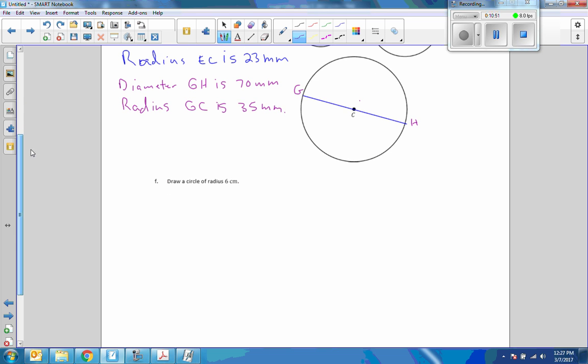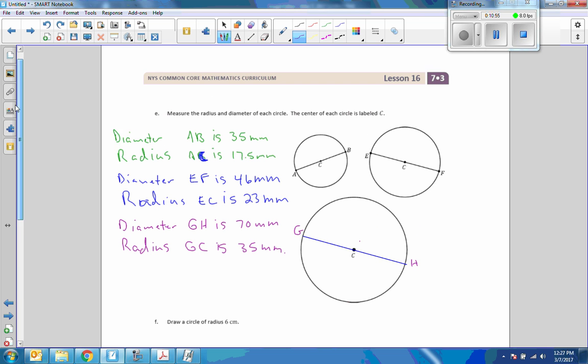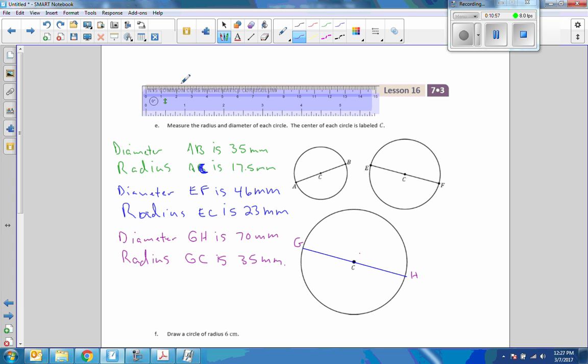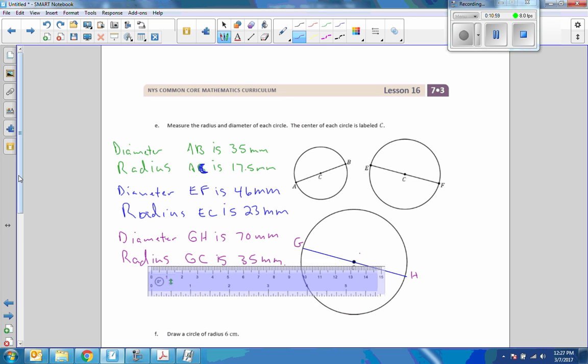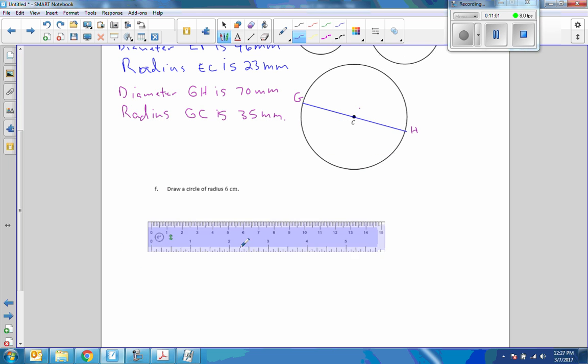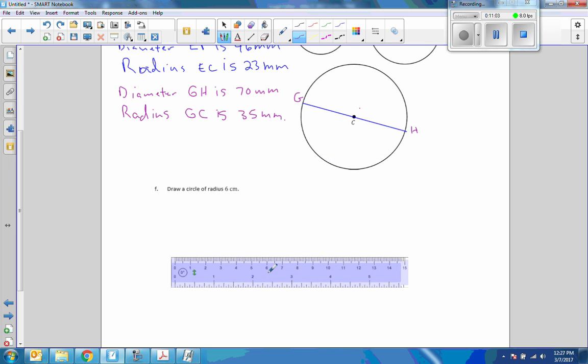Now it's asking us to draw a circle of radius 6. So in order to do that, I need a ruler first. So in order for us to draw a circle with a certain diameter, we first need to draw the line segment that goes from 0 to 6 centimeters on a ruler, which is from here to here.